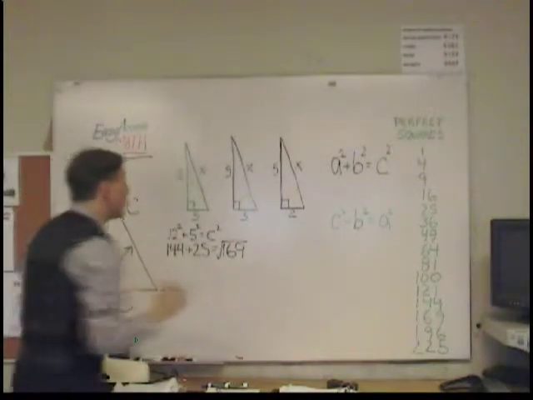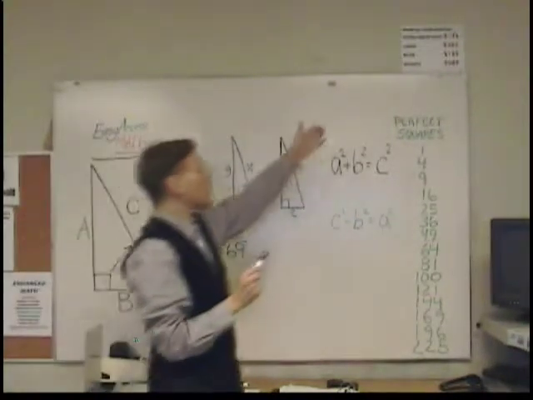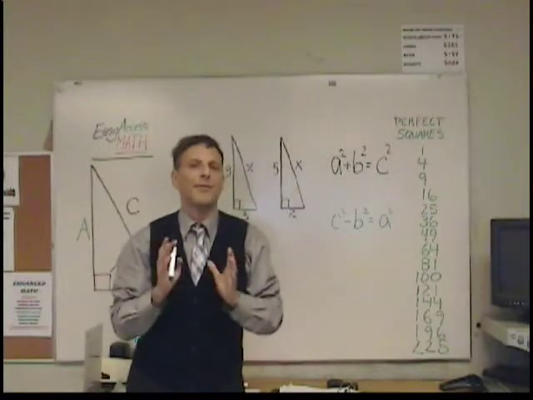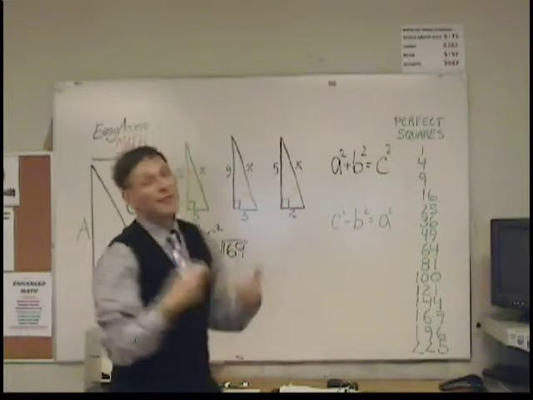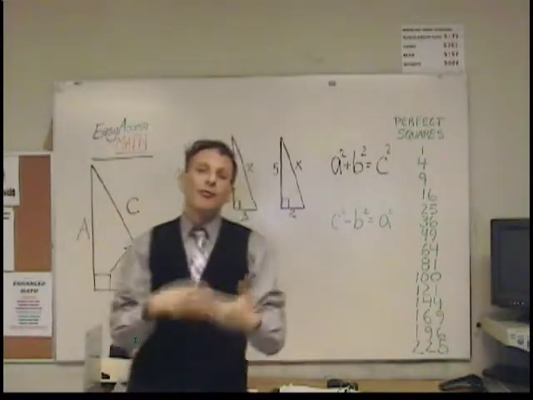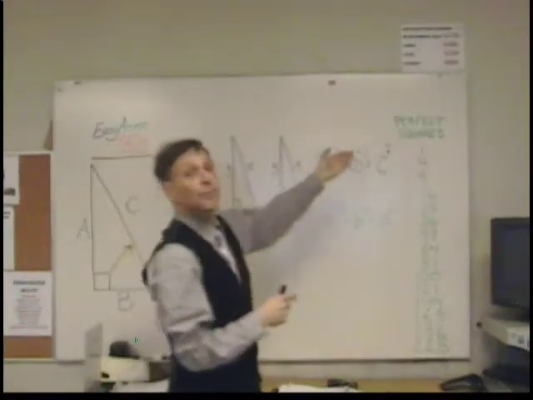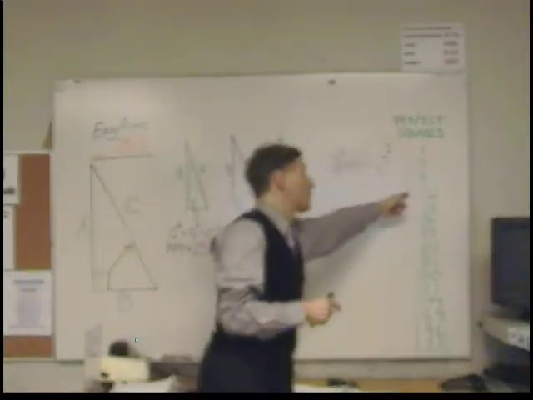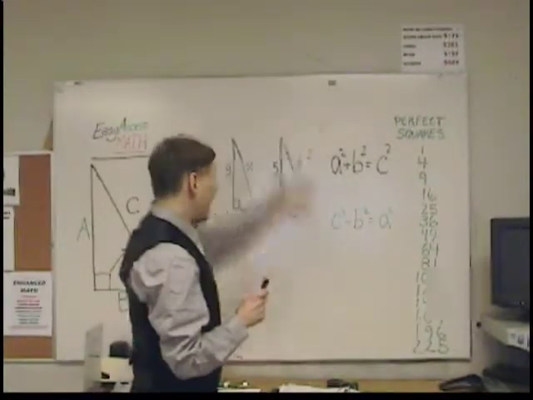So you square root that answer, and I wrote down the perfect squares. This list of these numbers, they're very important for you to know. If you can, try to remember them and be comfortable with them, but if not, derive your own list. It's easy to do. You just multiply numbers by themselves. 1 times 1, 2 times 2, 3 times 3, 4 times 4. You can make your own list and keep the list going.